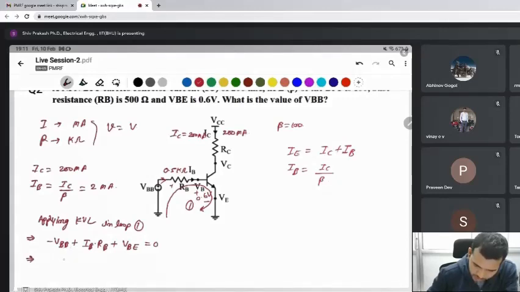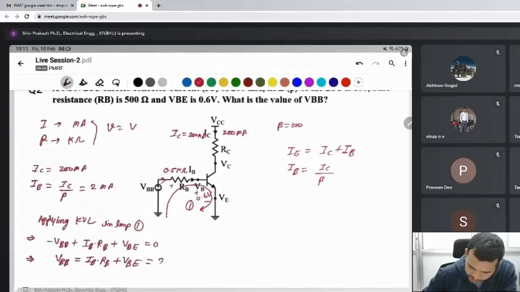You should find VBB, which is equal to IB into RB plus VBE.